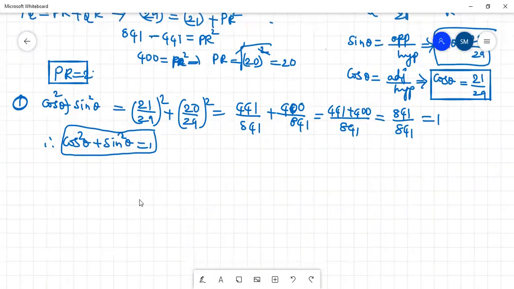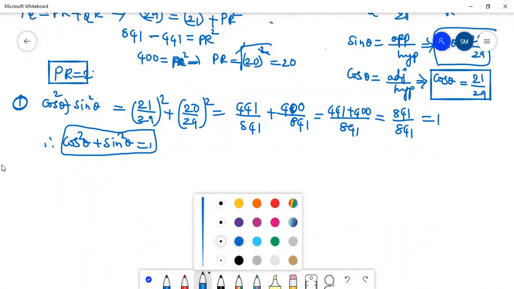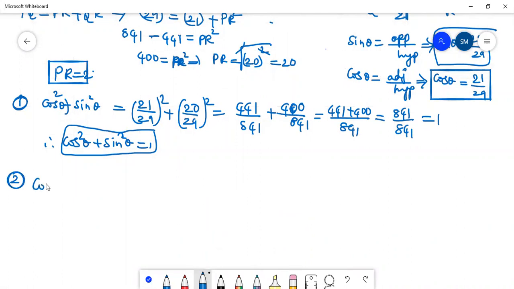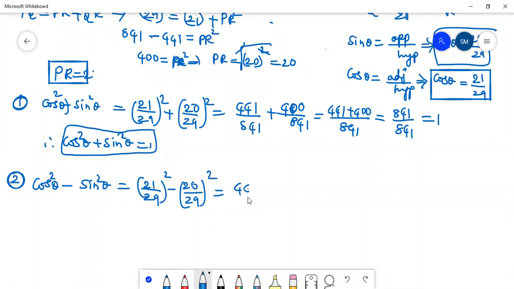Next, we can find out cos square theta minus sin square theta, that is equal to 21 by 29 whole square minus 20 by 29 whole square. It is equal to 441 by 841 minus 400 by 841.